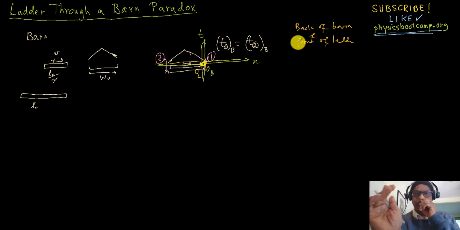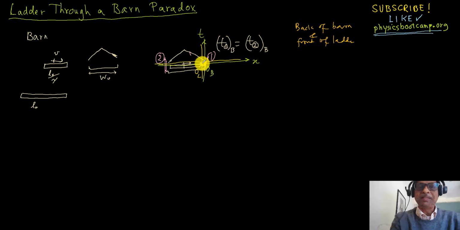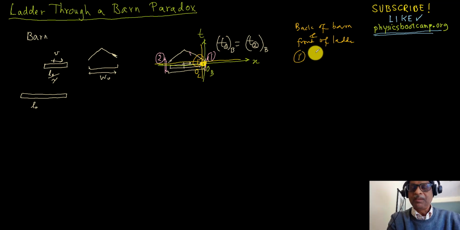You can say that this is just a little bit before and a little bit after. So you might say this is 1 prime, just a little bit before, then you have a 1.